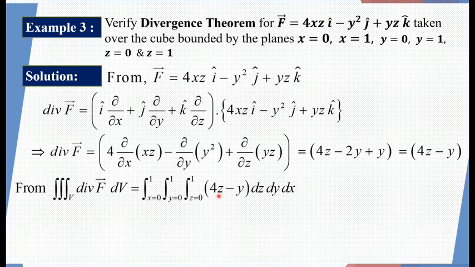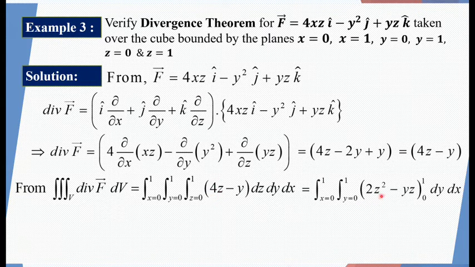So the integral of 4z is 4z square by 2. So 2 is cancelled by this 4, that is 2z square, and minus yz under the limit 0 to 1. So on putting limits of z, when we put z equals 1, then it is 2 minus y, and when we put 0, then the entire function will be 0.